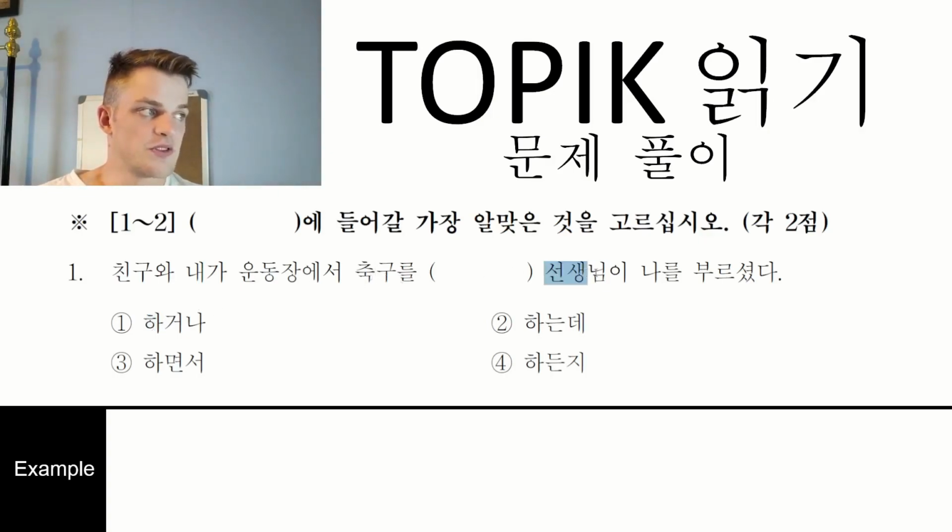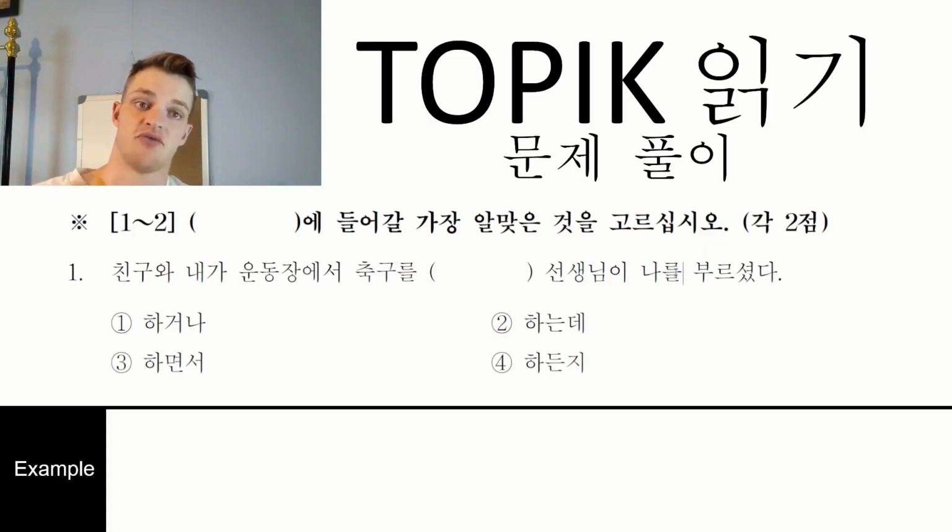The next word, 선생님, is teacher, and 선생님이, again, it's a subject. So the first clause subject was my friend and I, we were playing soccer in the gym, and then the teacher did something. 나, again, is I, in 반말, in informal speech, and 를 is the object.